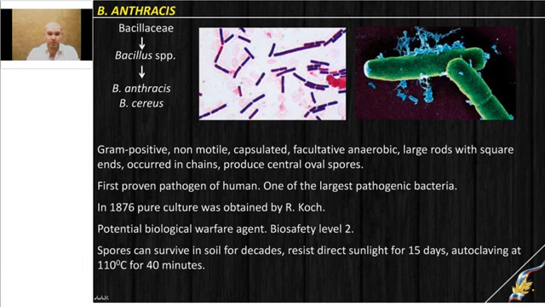And nowadays Bacillus anthracis is one of the most potent microbes to use as a biological weapon, and it belongs to biosafety level 2. Only a few laboratories have permission to deal with that bacteria because of high contagious properties and very high mortality rate.